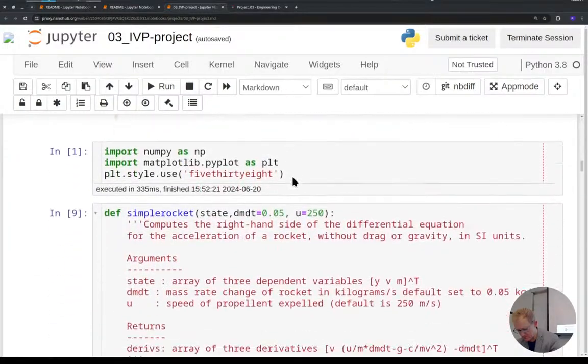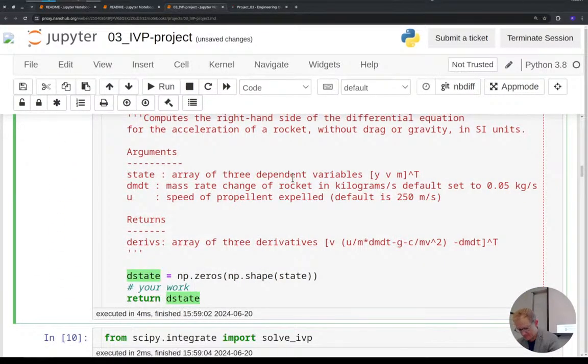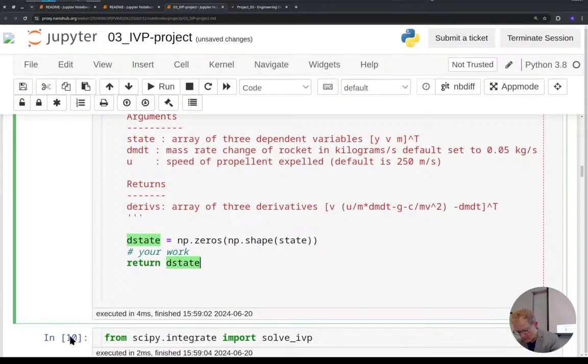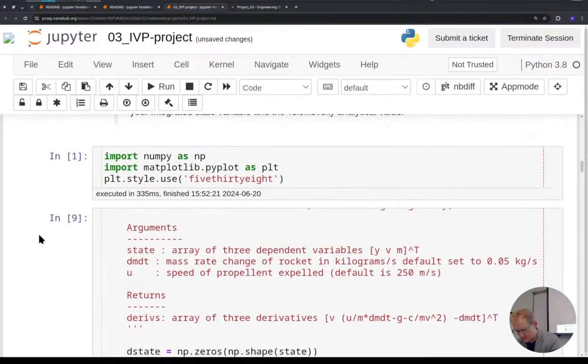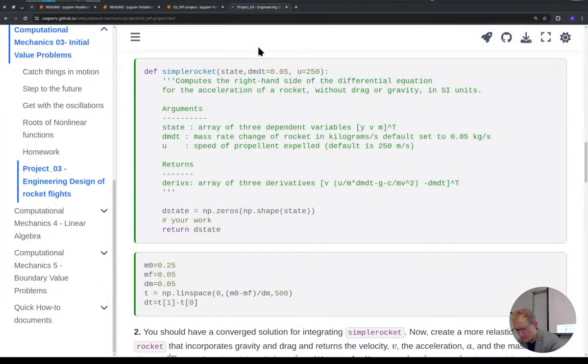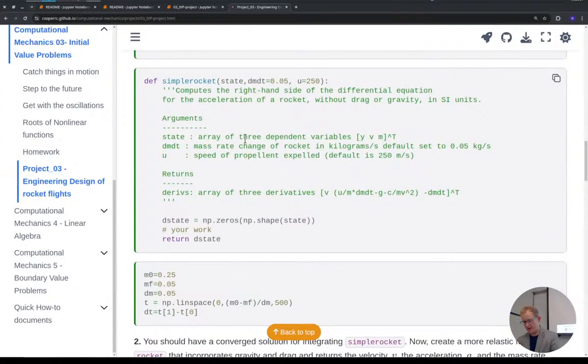So let me make sure. I guess the only real reason for that is that if you try to integrate this equation, it'll work. It's always going to give you zeros, at least derivatives are always 0.